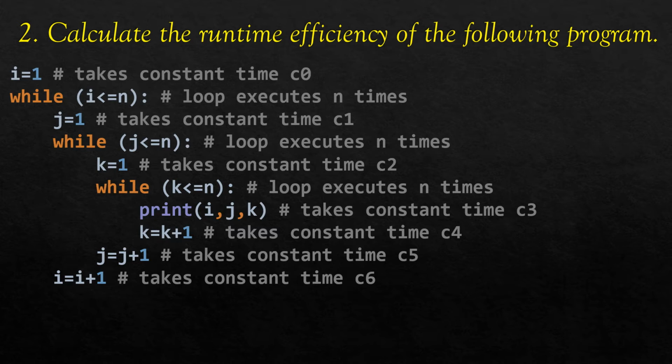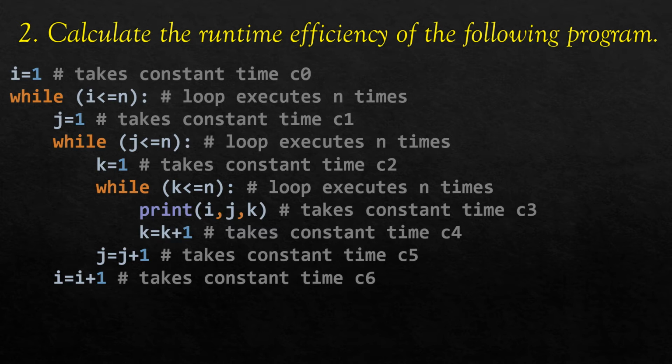That means the i value gets incremented by 1 every time. So i has n number of values, so the loop gets executed n number of times. Within the first while loop, the second while loop, j less than or equal to n, also gets executed n number of times. And within that, the innermost while loop also gets executed n number of times.